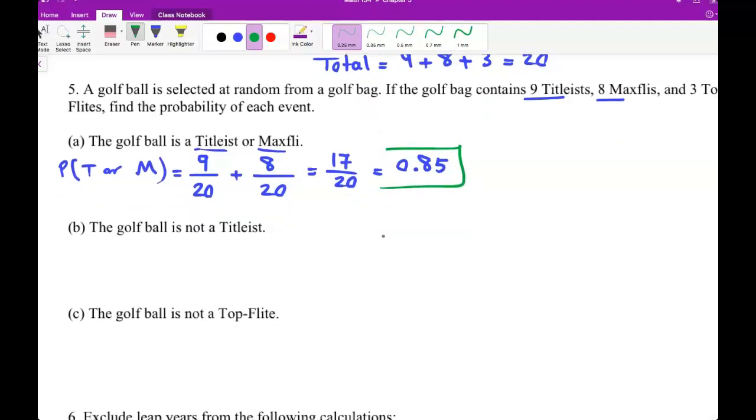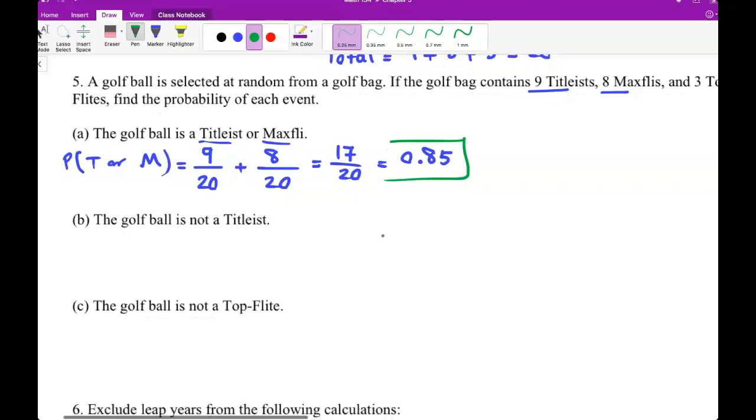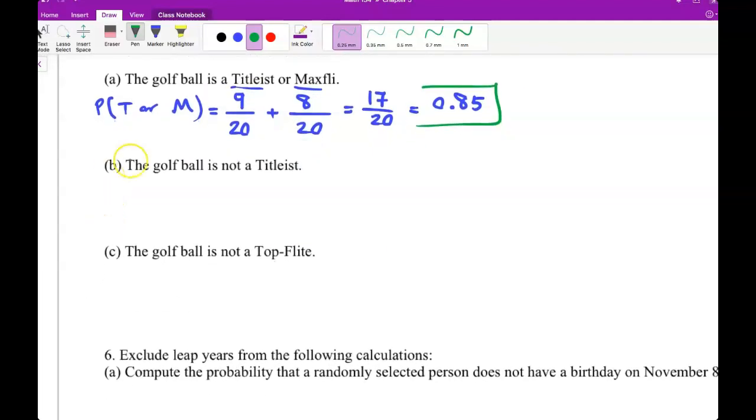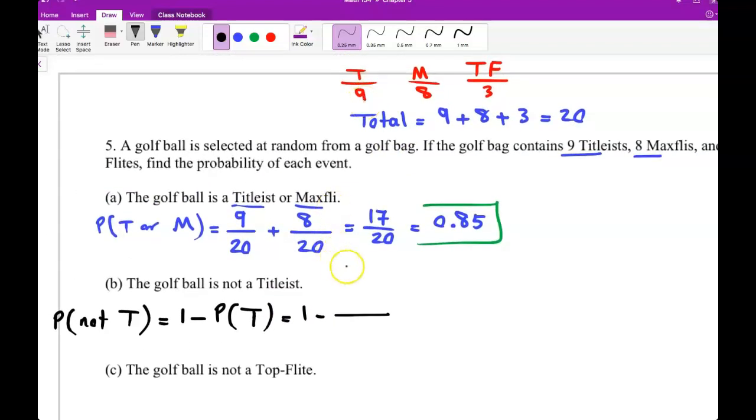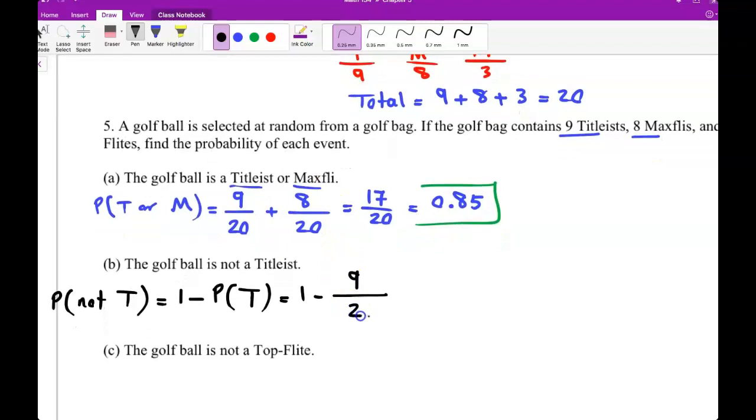Now part B, the golf ball is not a Titleist. So probability of not T is equal to 1 minus probability of T. So it's 1 minus, for T we have 9, in total we have 20. So the answer is 11 over 20, and it's 0.55.